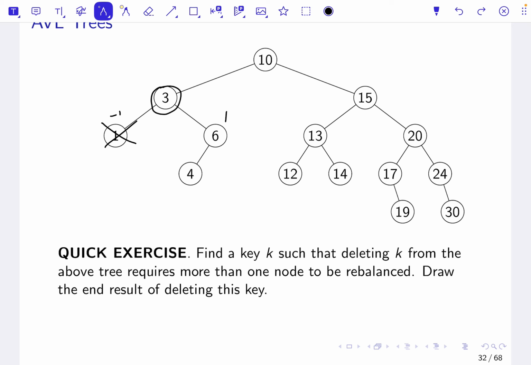So after we rotate this, we're going to end up with 3 having height 1 after the first rotation. Whereas this guy over here is going to have height 3.